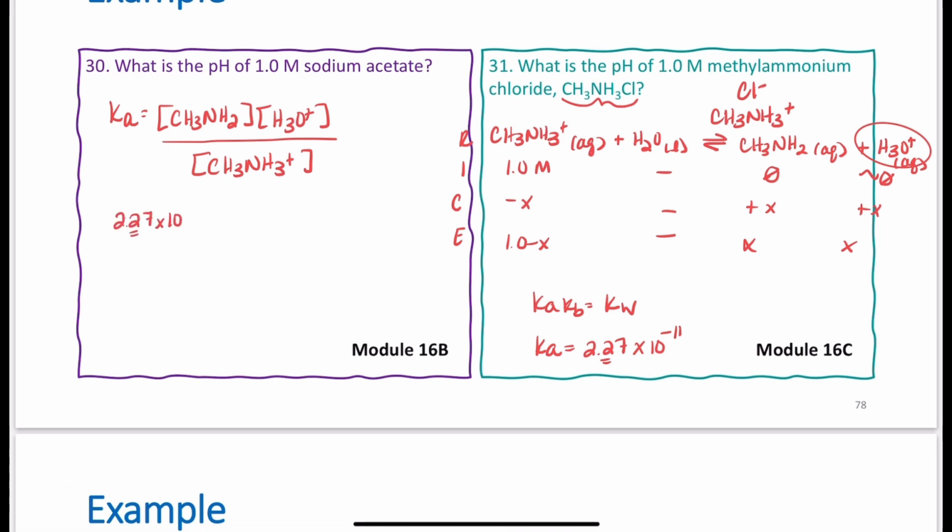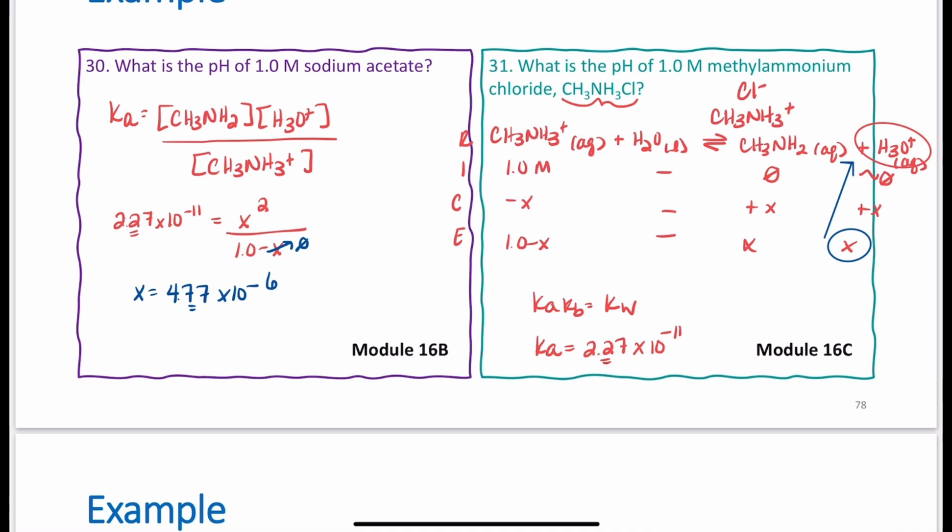So 2.27 × 10⁻¹¹ is equal to x squared over 1.0 minus x. The x here is 4.77 × 10⁻⁶, sig figs are here. But again, what does x represent? Let's check, because I do tend to forget when I'm doing too many problems in a row.